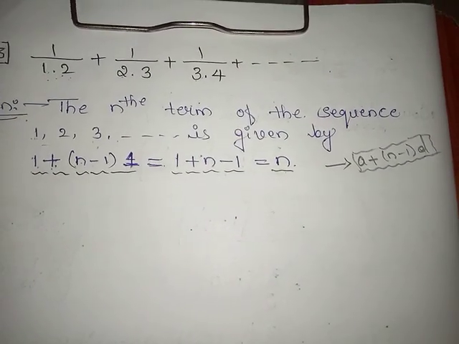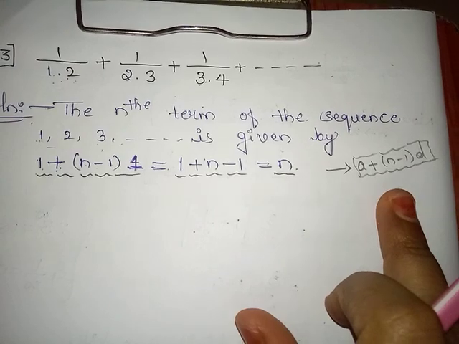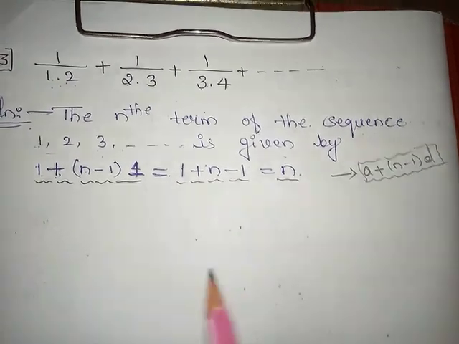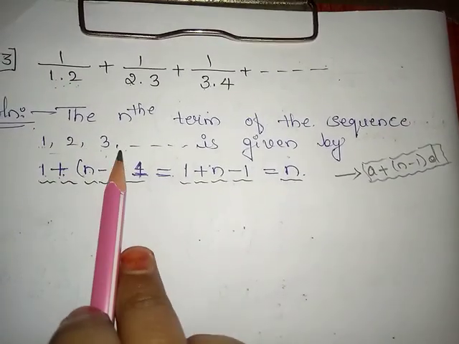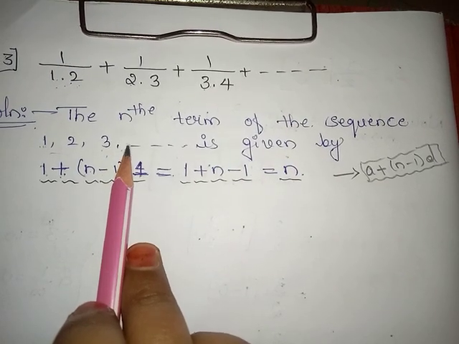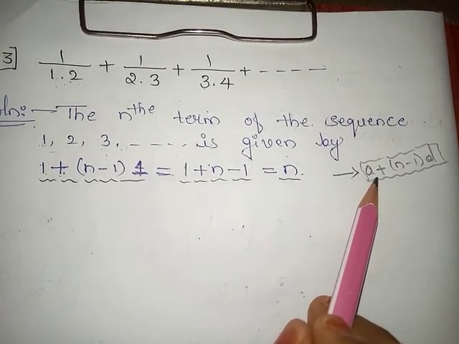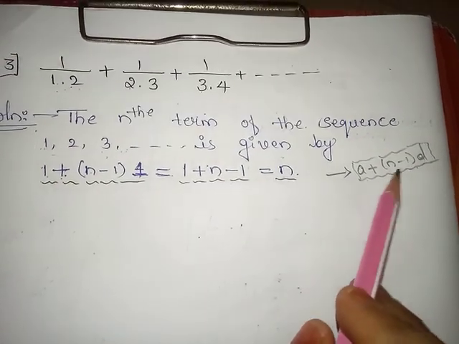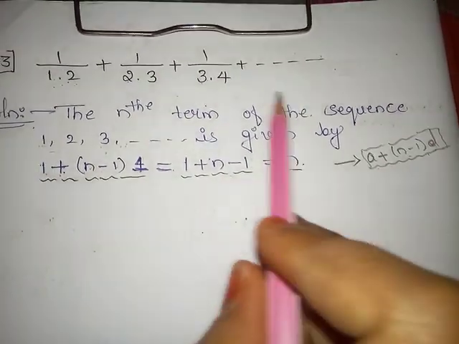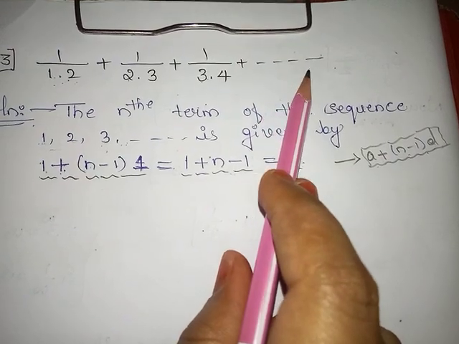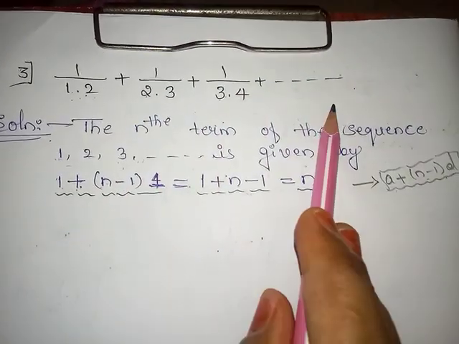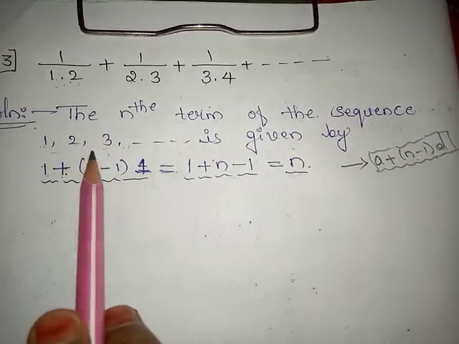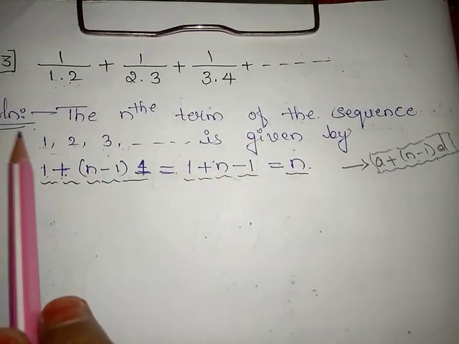I am using this result from the arithmetic progression chapter. To find the nth term of an arithmetic series, we use the formula a plus n minus 1 into d. The same formula I used here to find the nth term of this sequence. Here I am writing the first terms of this sequence, 1 2 3.